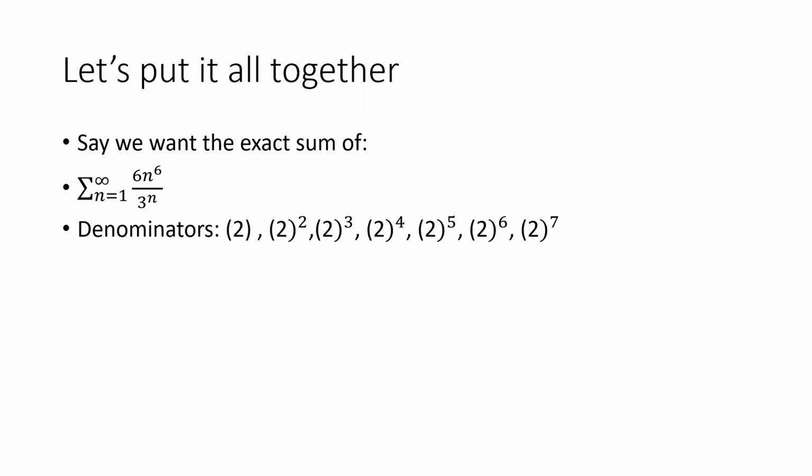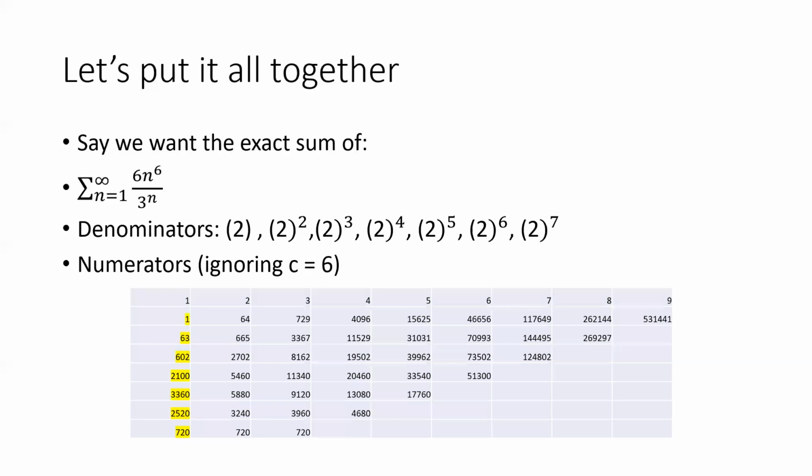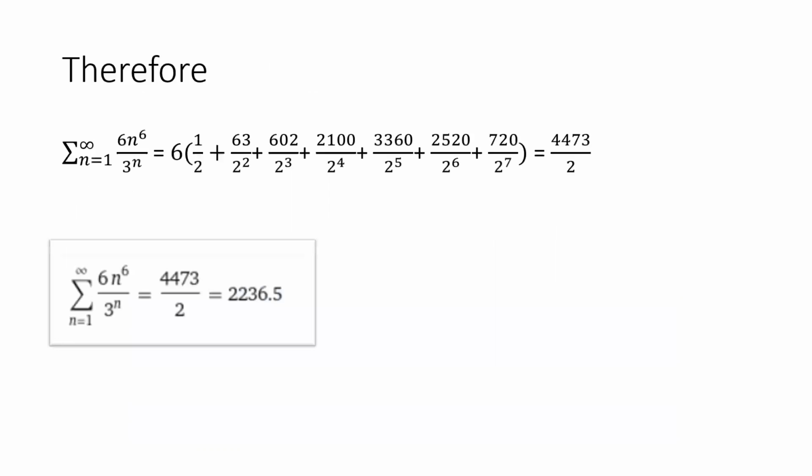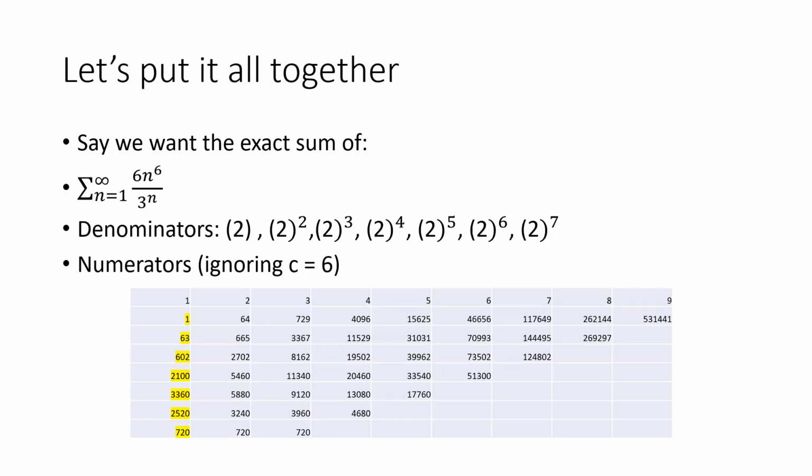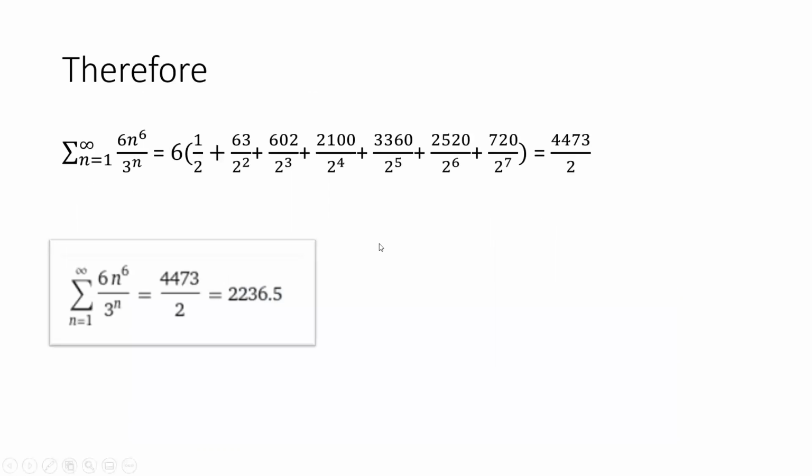And then our numerators, if I make a chart, ignoring the 6, of course, ignoring that constant, I can make a chart and quickly find that row where all the differences are common. And now I have my numerators, 1, 63, 602, 2100, and so forth. And so putting those two facts together, I get essentially 1 over 2, 63 over 2 squared, 602 over 2 cubed, 2100 over 2 to the 4th, and so forth.